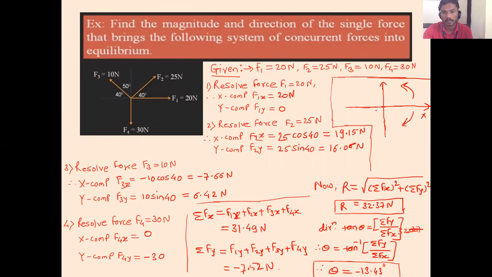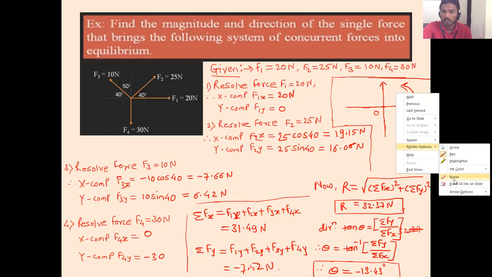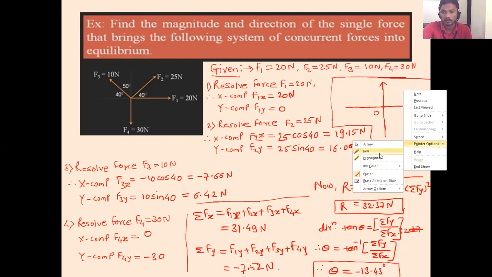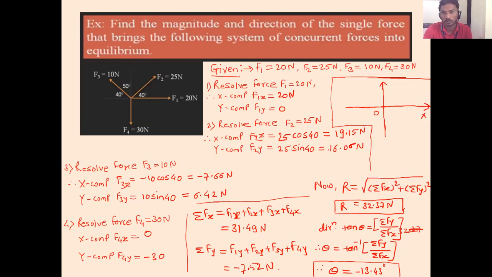In this case the angle is negative, so with respect to the positive x-axis we measure clockwise. You can note down in your notebook: if the angle is negative, clockwise with respect to the positive x-axis, and if positive, anti-clockwise.